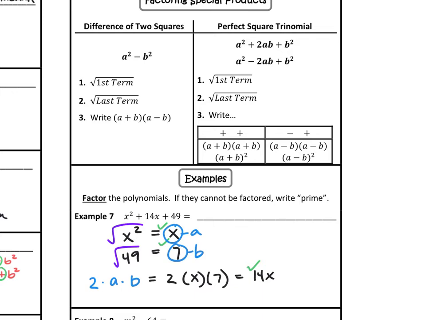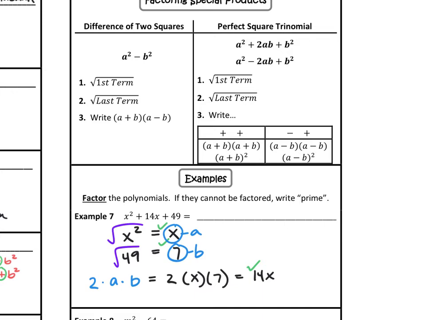Okay, and the question is, do we have plus plus or minus plus? It looks like we have plus plus. So we're going to use this pattern here.